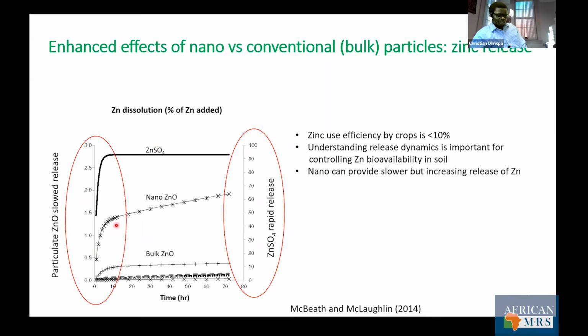You want a slow release that goes on throughout the life cycle of the plant, and you don't want something that is not released at all, like in the case of the bulk. So nano zinc represents a strategy to increase zinc use efficiency in plant systems.